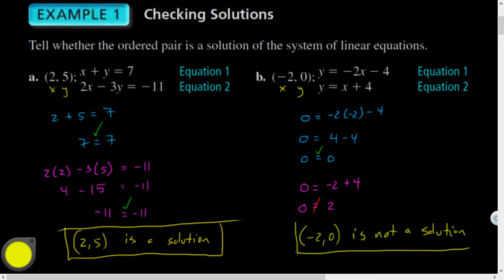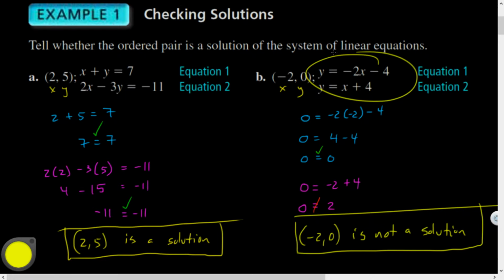Now, here's a way to determine whether or not a point is a solution of the system. But here's the question: how could I find the solution? Is there a point that makes both of those equations true at the same time? How would I find that point?